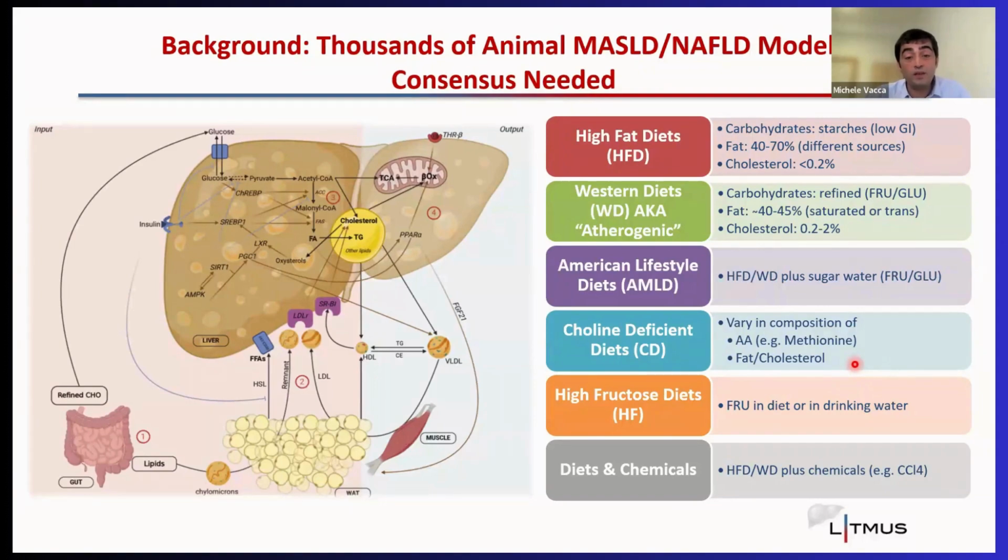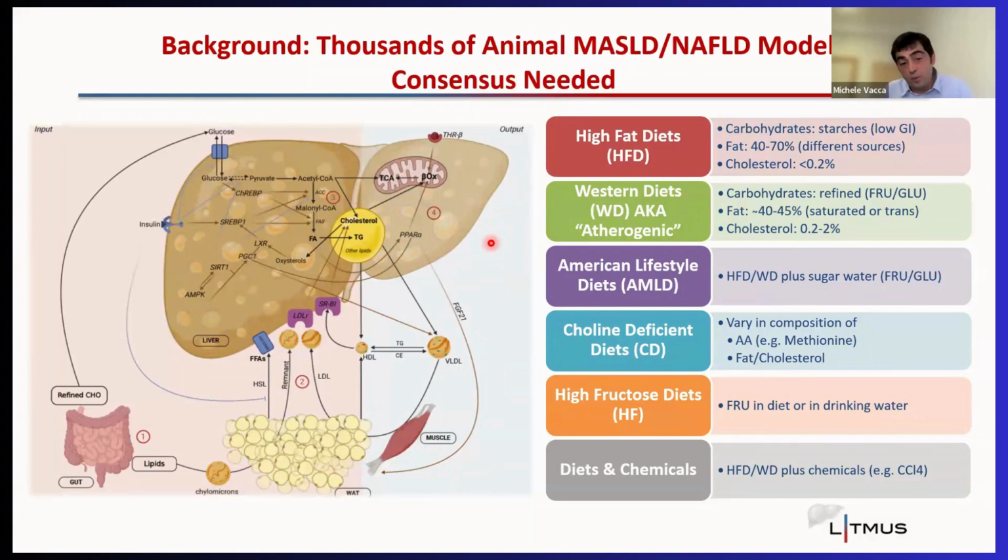They have been widely used in the past because they are much quicker than the models that we have discussed before, and the way they work is to inhibit VLDL production, because choline is important to build up phospholipids, and this means that you cannot build up lipoproteins efficiently without phosphatidylcholines.